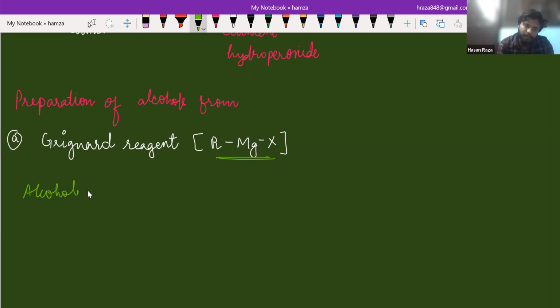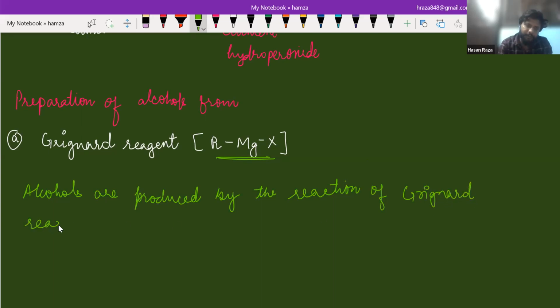Alcohols are also prepared, or alcohols are produced, by the reaction of Grignard reagents with aldehydes and ketones.